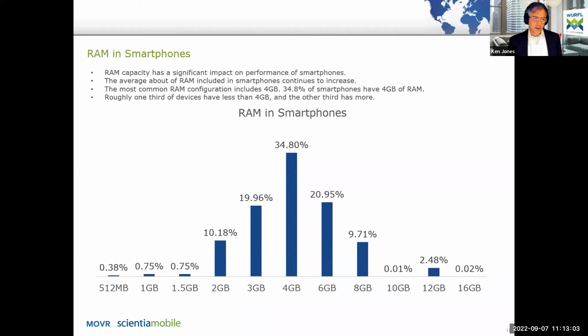I was looking back at historical devices, and just looking at the flagship Samsung S3 back in 2012, it had 1 gig of RAM. Now today, the top of the line Samsung, the S22 Ultra, has 12 gig of RAM.